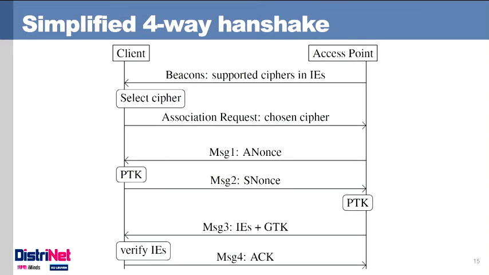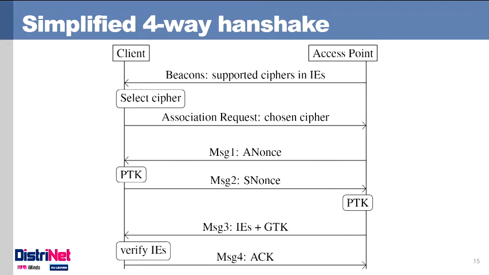And the first thing that the access point does is send the list of available ciphers that it supports in a secure manner. So these information elements here contain the list of ciphers that the access point supports in a secure manner, so the attacker is not able to mess with these information elements.